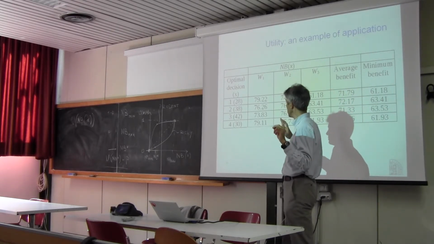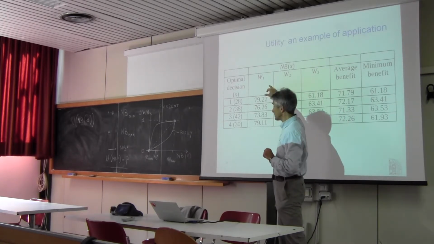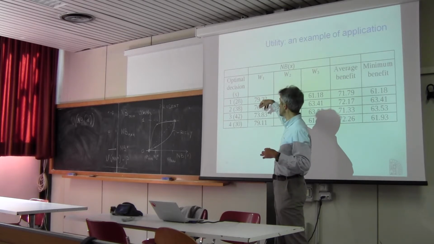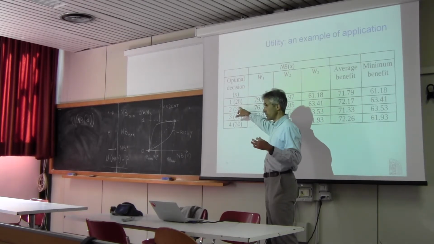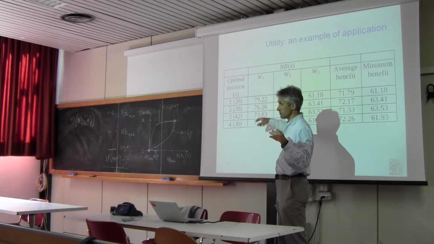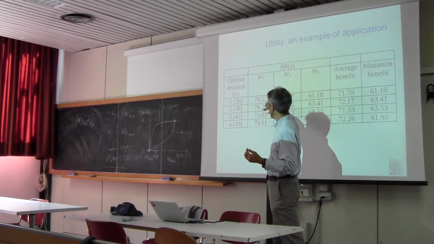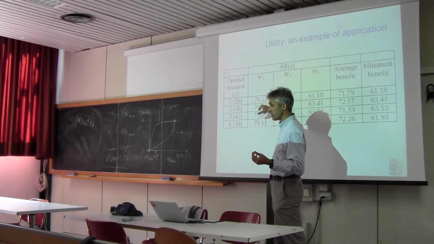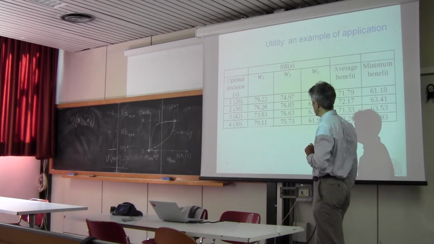I just remind you: if the parameter vector by chance is W1, then the optimal decision, which we already determined before by maximizing the related objective function, is 28, and we get a benefit of 79.22.